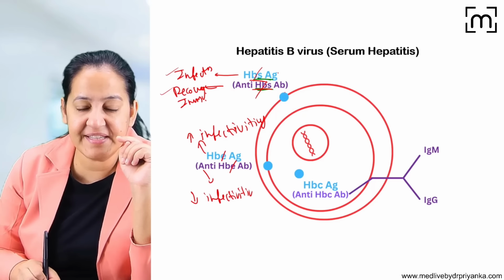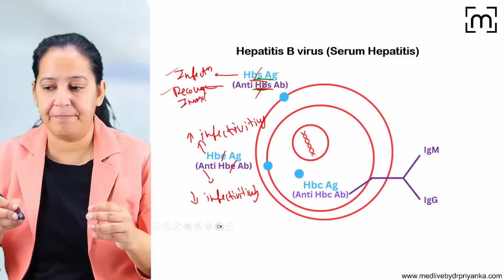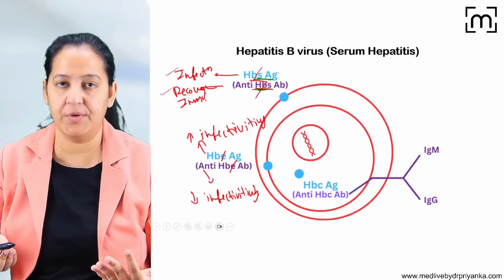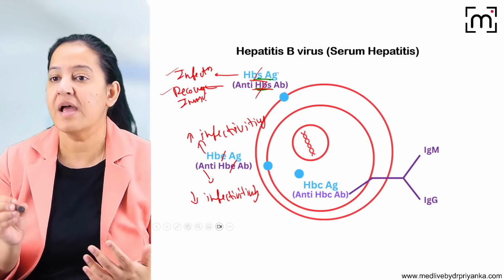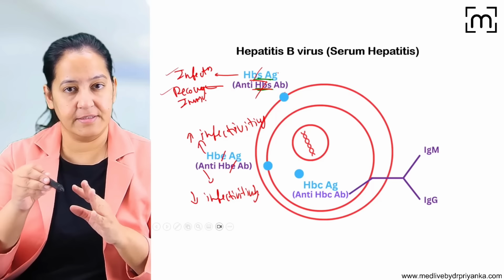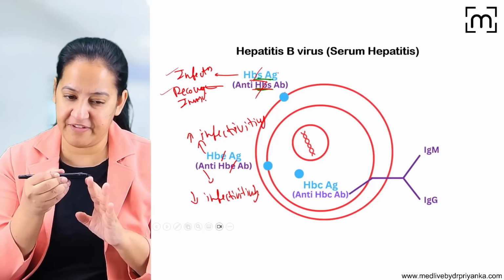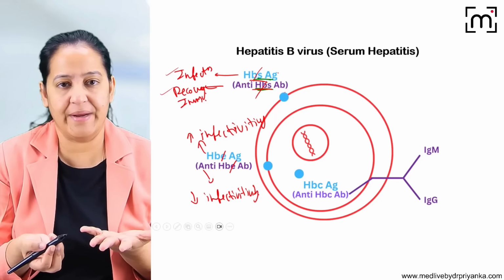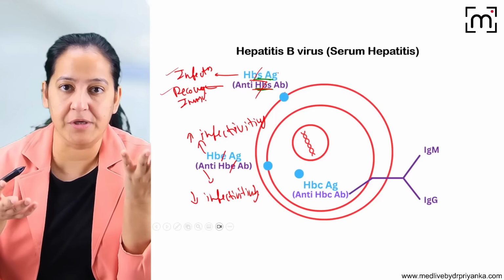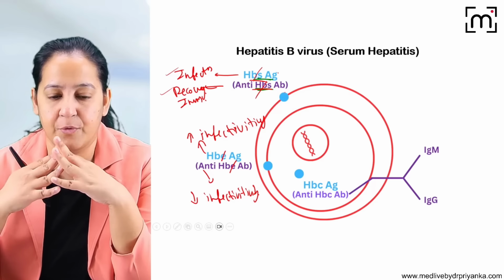Infectivity is the tendency to infect others. Imagine I am doing some procedure on a patient, taking a blood sample, operating, and I'm using a scalpel, and I cut myself by mistake. It is very frequent. It happens in hospital settings, in healthcare providers.